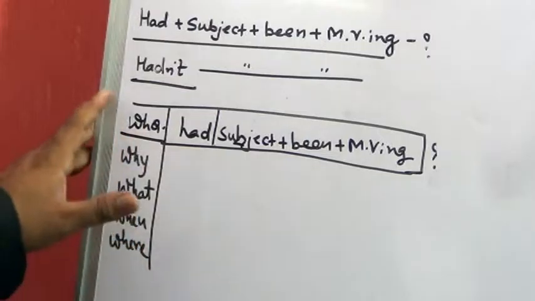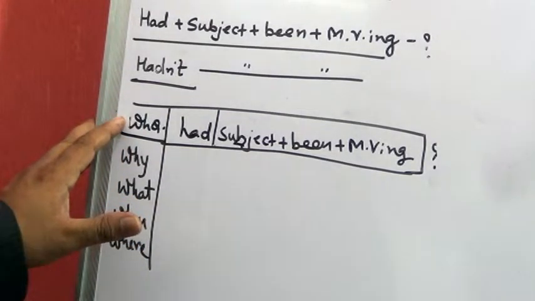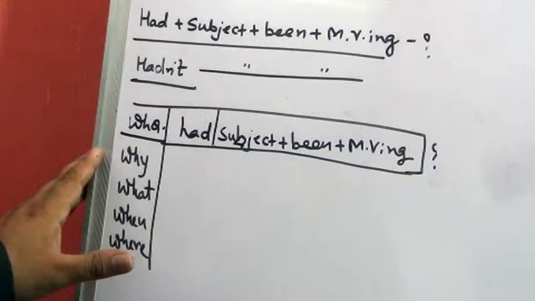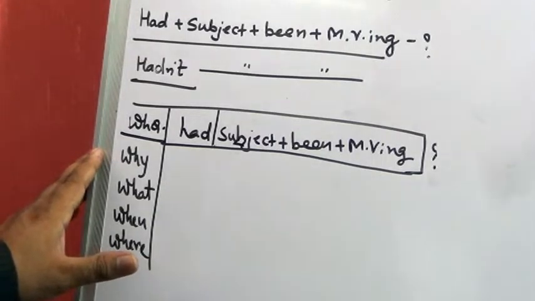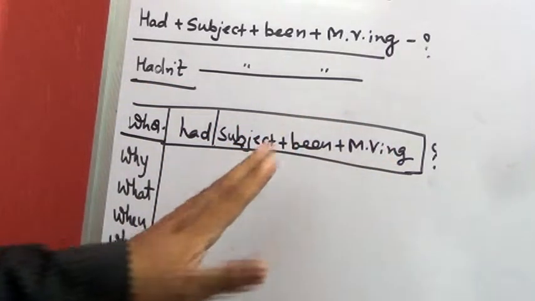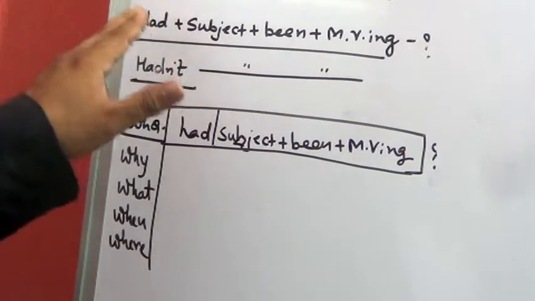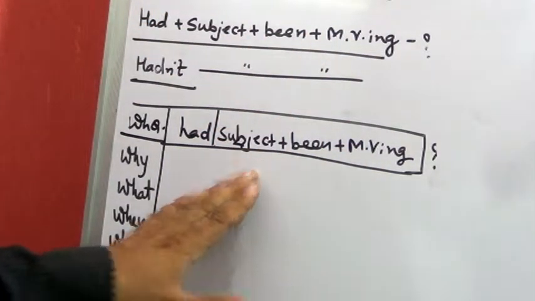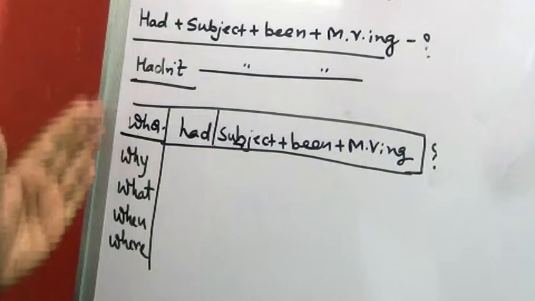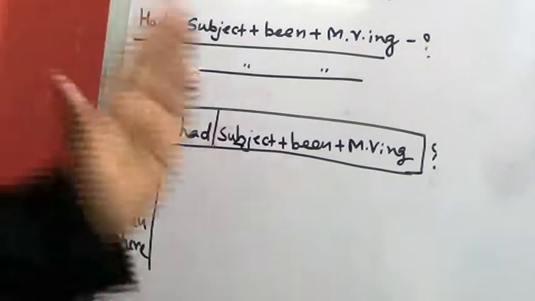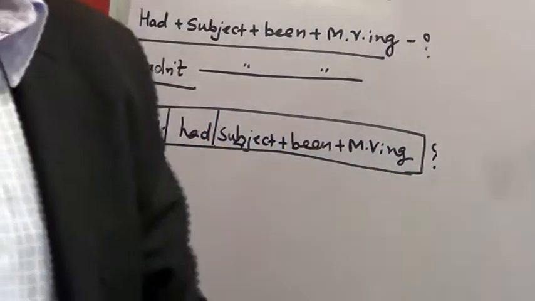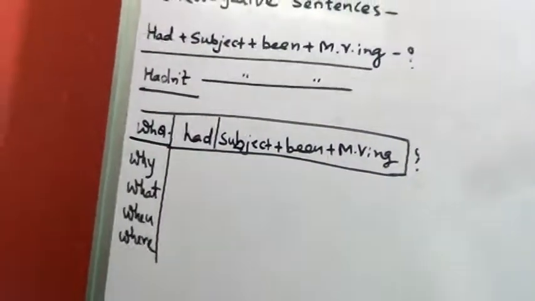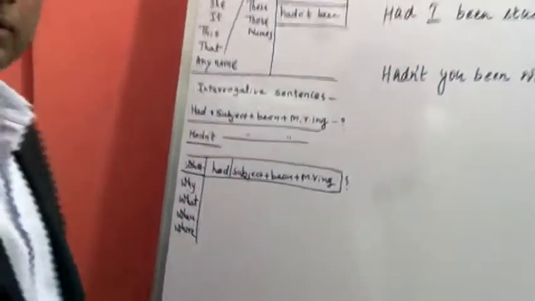Only addition is WH, which can be why, what, when, where, etc. And the rest structure is similar to the yes no structure. So because of this use of additional WH, this becomes the fact finding question. Now let's take an example to understand it better.